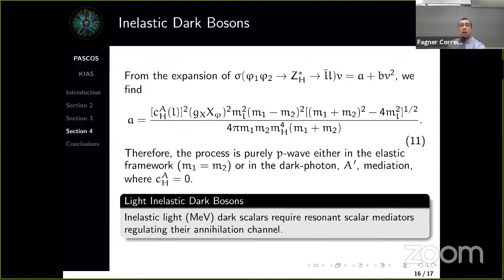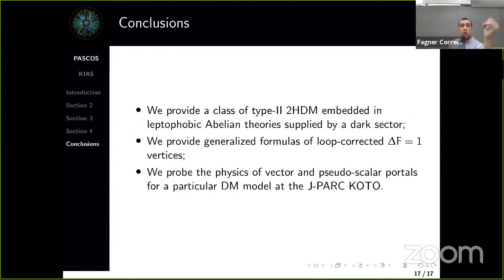Therefore, the presence of resonant scalar mediators in this hypothesis is necessary. So to conclude, we have provided a class of type 2 DDM, which is embedded in a leptophobic abelian theory and is supplemented by a dark sector. We provided generalized formulas for the loop corrected flavor changing vertex.